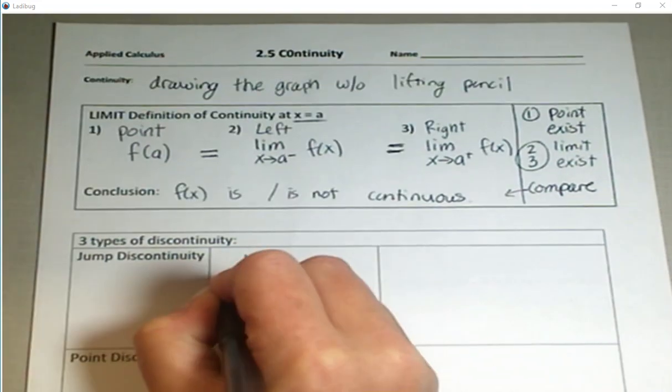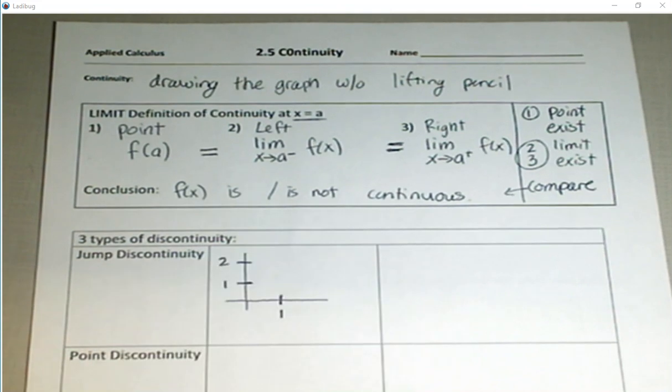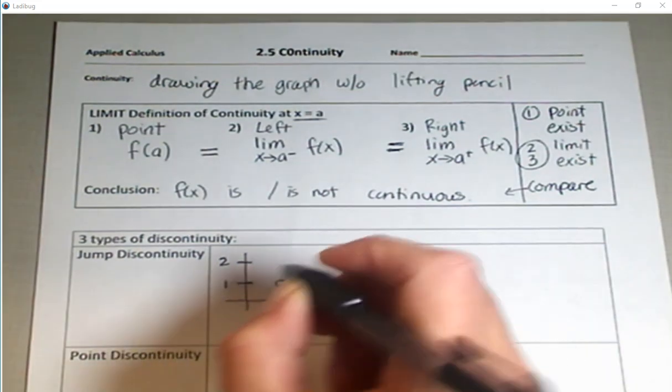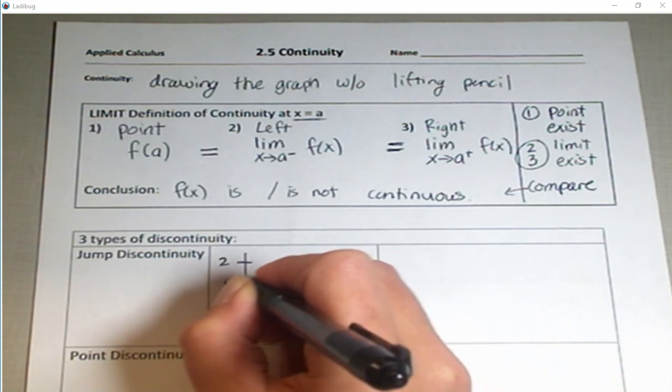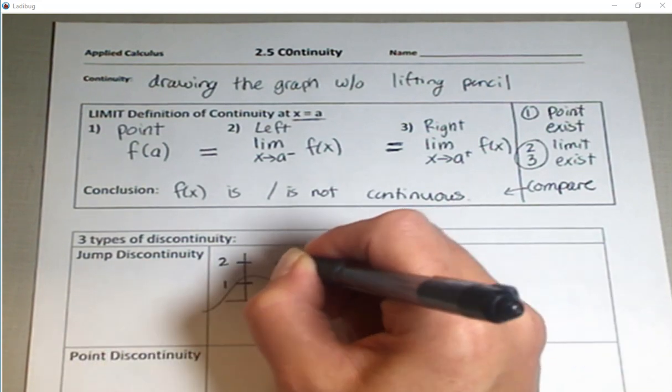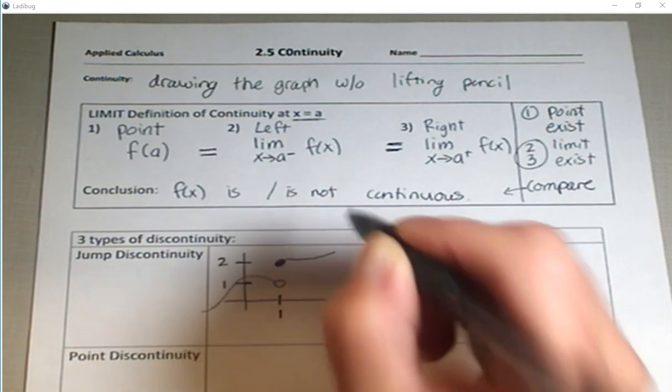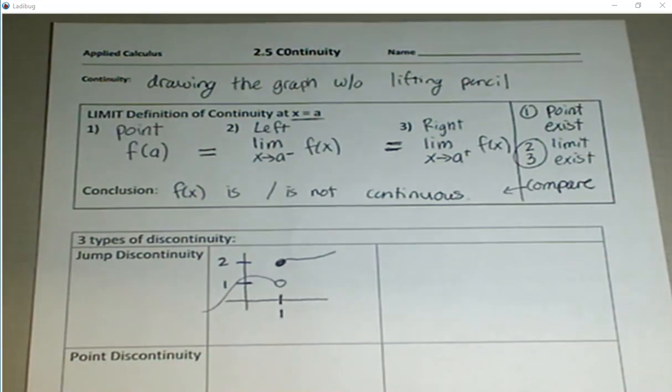I'm just going to label. And I'm going to put an open point here. And a closed point here.